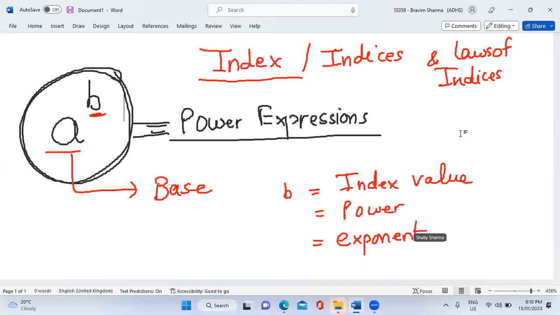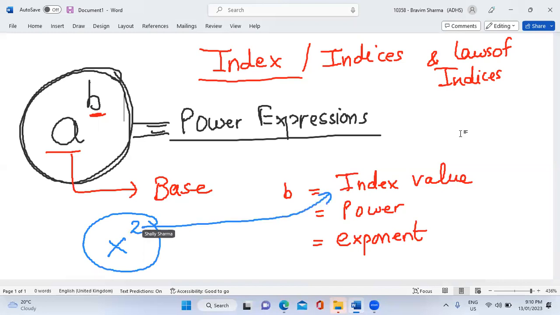So let's say I have written x to the power of 2. This is a power expression, all the things together, x square. This 2 is the index value, or it can be considered as power, or an exponent, and this x is the base.